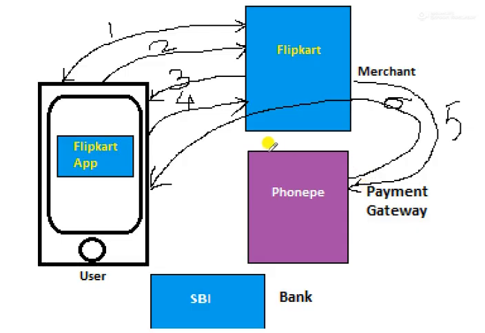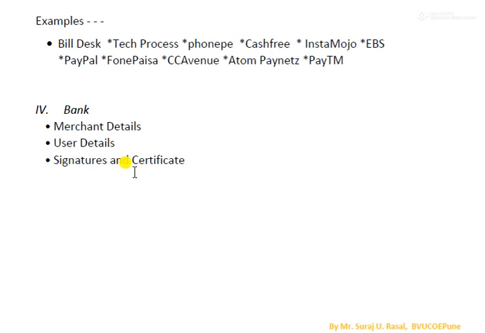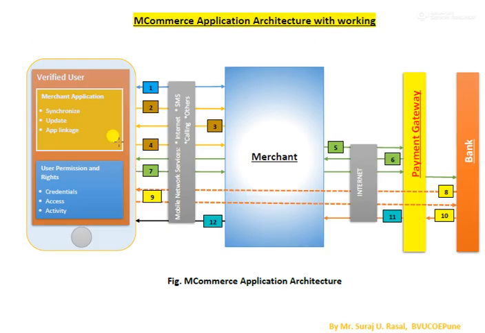What it means is that when the user sends the request to buy this product to the merchant, the merchant again sends back a confirmation request to buy this product. The same thing is shown here also. First, the user can search any content on the merchant site.